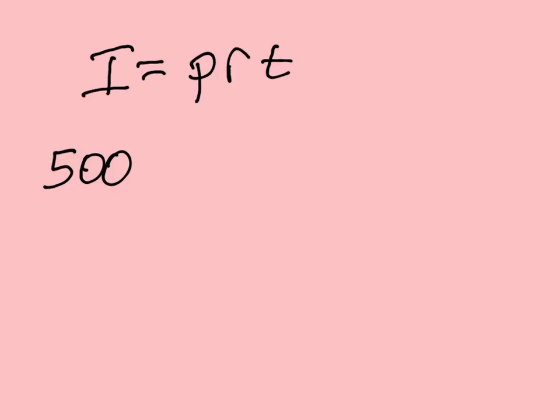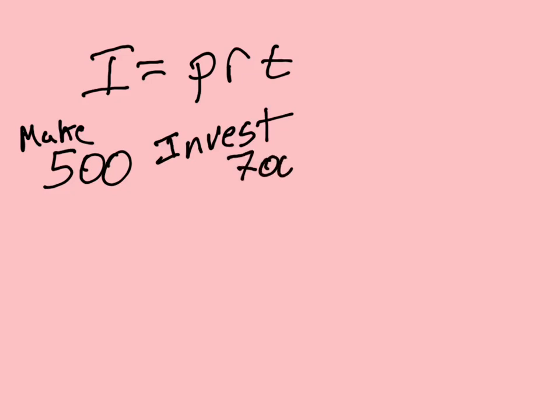Okay, let's take it up a different notch. We know our formula is I equals PRT. And so what if I say, what rate do I need to earn if I want to make $500 and I want to invest, meaning my principal amount, of, let's say, $7,000, and I'm going to leave it in there for 4 years.